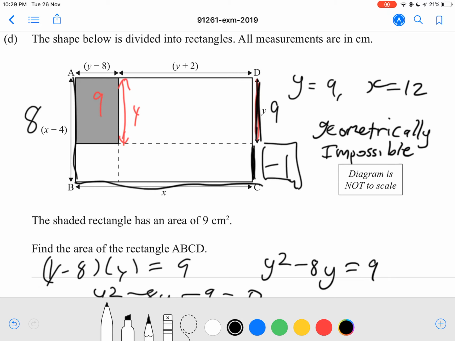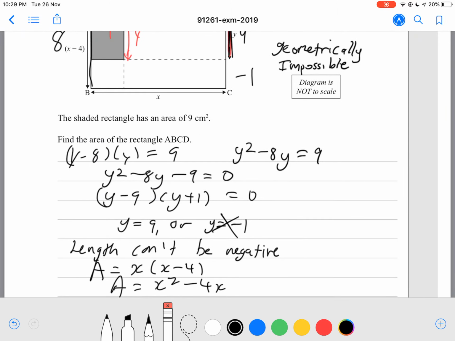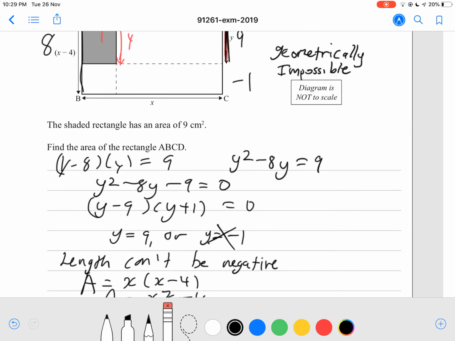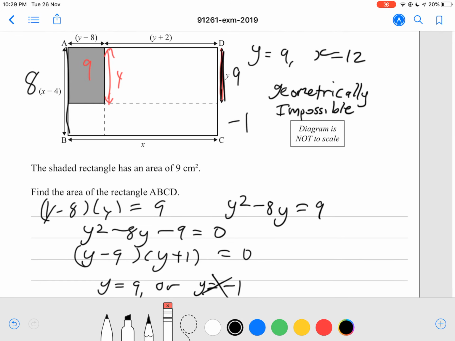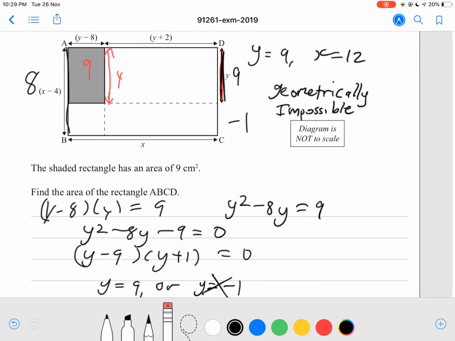So it's definitely a problem that I think they should address, because this shouldn't be happening in the exam. I know the mistake doesn't really affect your working. In terms of getting the final answer, it's still the same steps. I'm just saying that some students might have been interfered with because they noticed that it was a negative 1 side length.